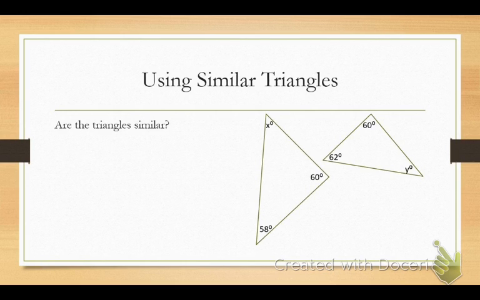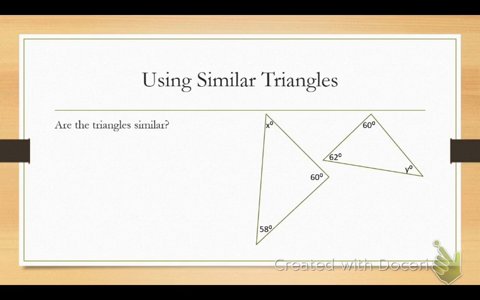Okay, using similar triangles. All right, I actually had a lot of people getting this right. So go ahead and solve for x. Let's everybody solve for x. Go ahead and do that. Once you solve for x, you have enough information now to tell me yes or no. All right, did you set up the equation 58 plus 60 plus x? Okay.